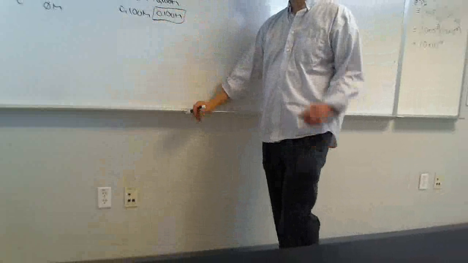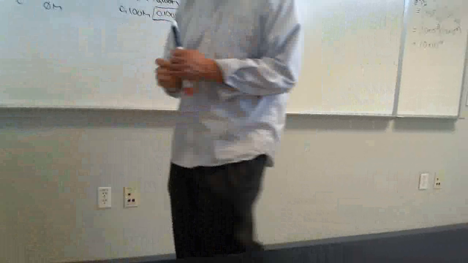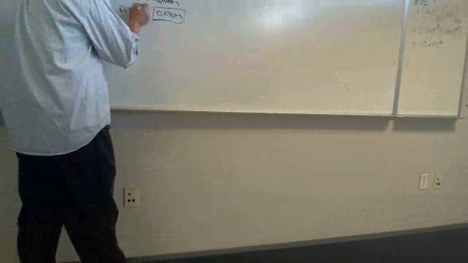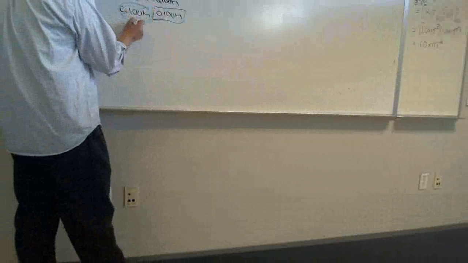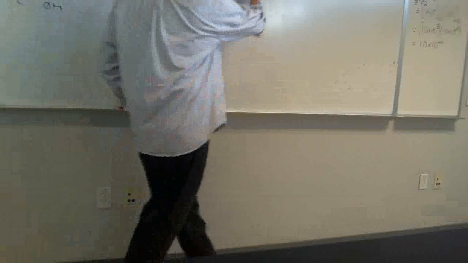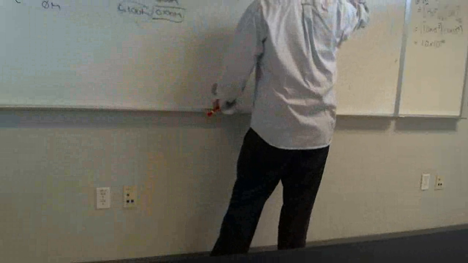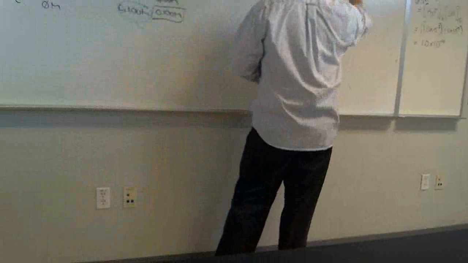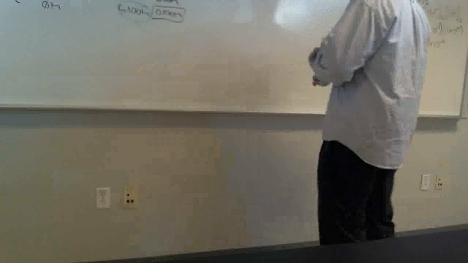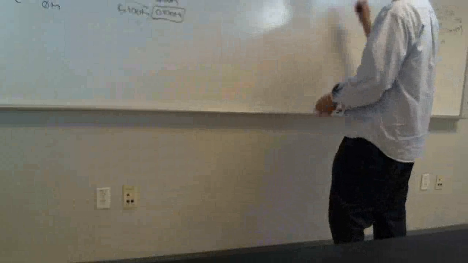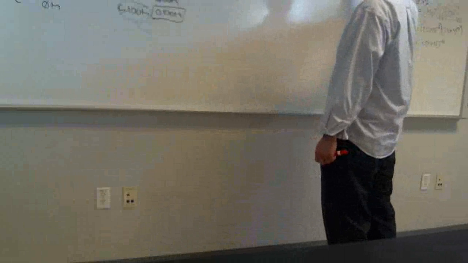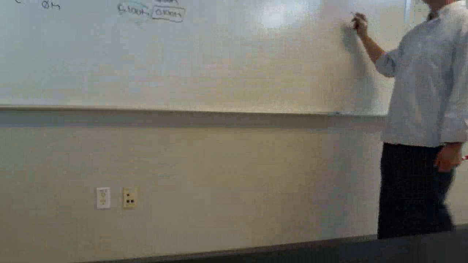But the hydronium doesn't stop there because the hydronium participates in the next step here. And so what we do is we take this out of here and bring it over here. And so this is 0.100 molar from the HCl.